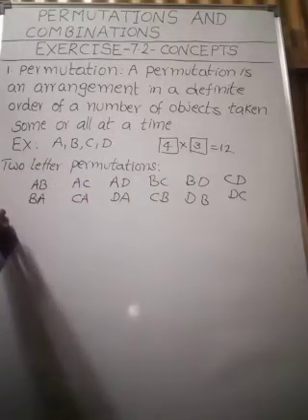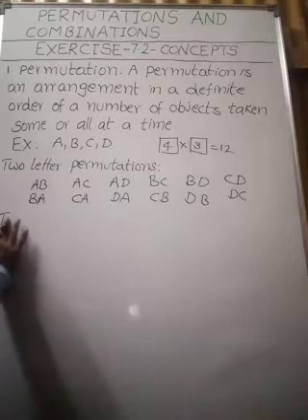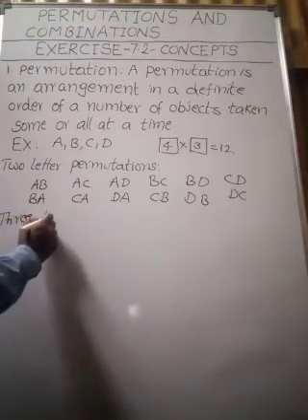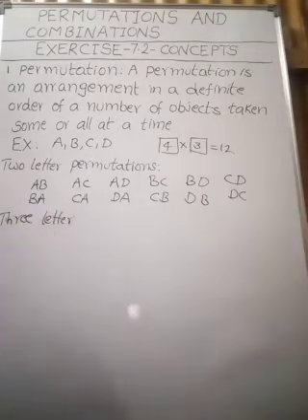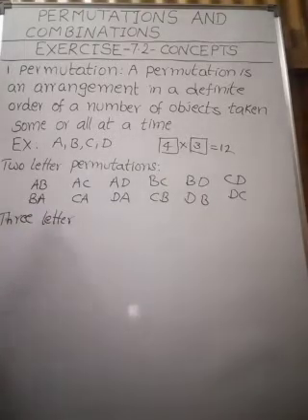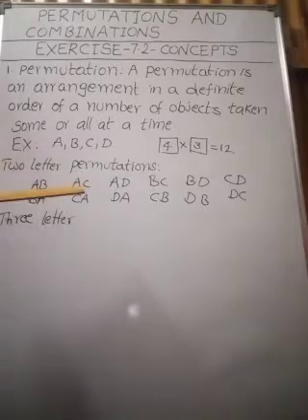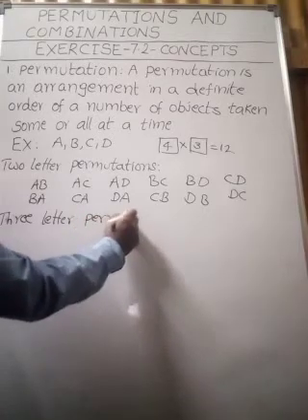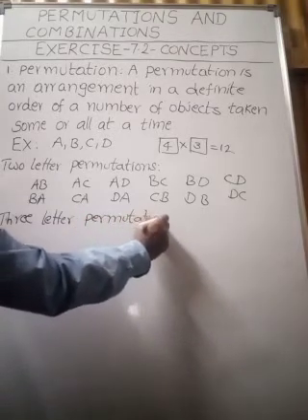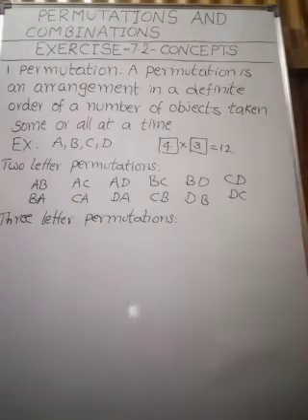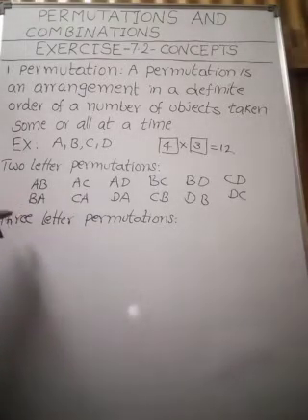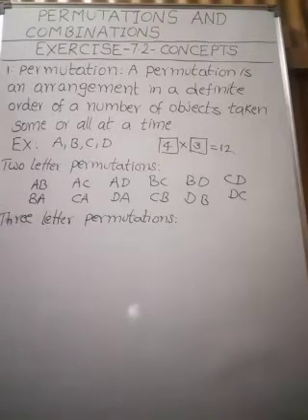Suppose three letter words. The words may have meaning or may not have a meaning. Okay, my children, three letter permutations. Can you find, without writing that list, how many three letter arrangements can be formed?